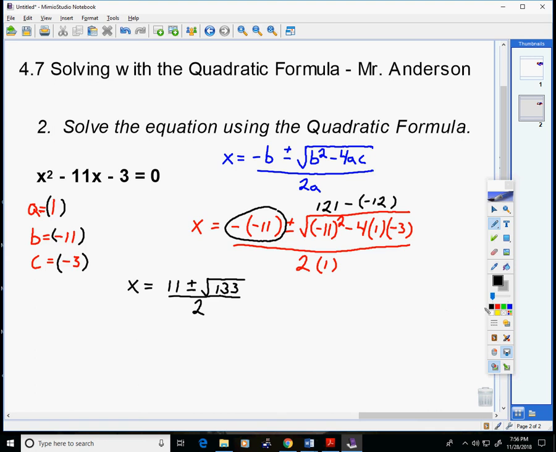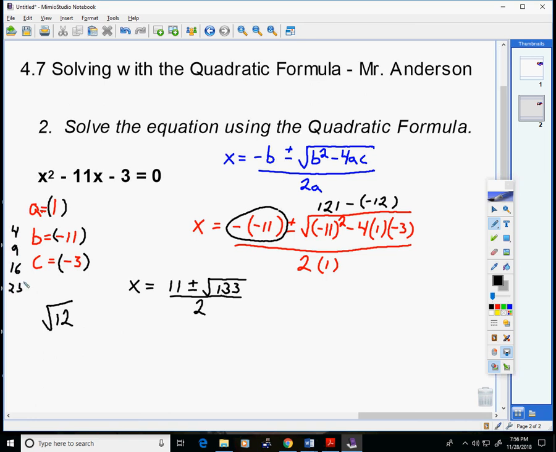Just a quick reminder, though, on simplifying radicals. Let's just take the square root of 12, for example. What you want to do is look for factors that are perfect squares, things that you know the square root of, like 4, 9, 16, 25, 36, 49, 64, 81, 100, 121, 144, 169.